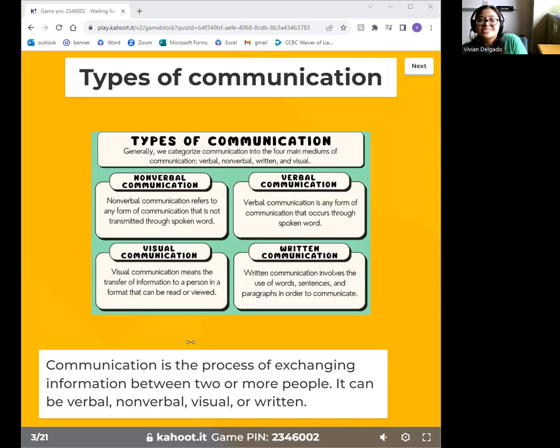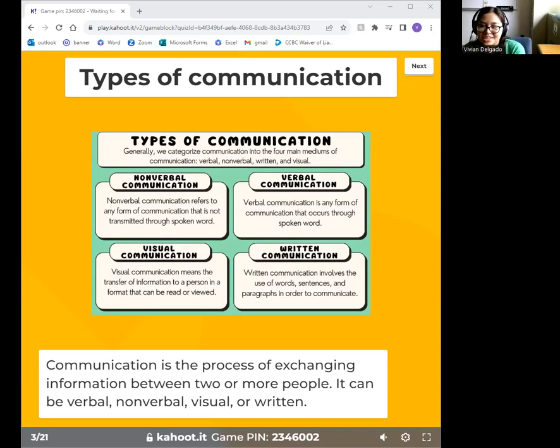Because if you misinterpret them, it can lead to miscommunication. So you always want to make sure you're understanding what is being conveyed through nonverbal communication. And if you don't understand, you can always ask what people are trying to say by their facial expression. You can always follow up.